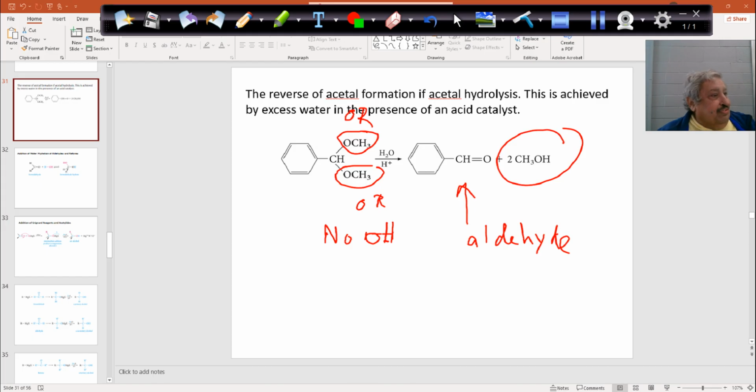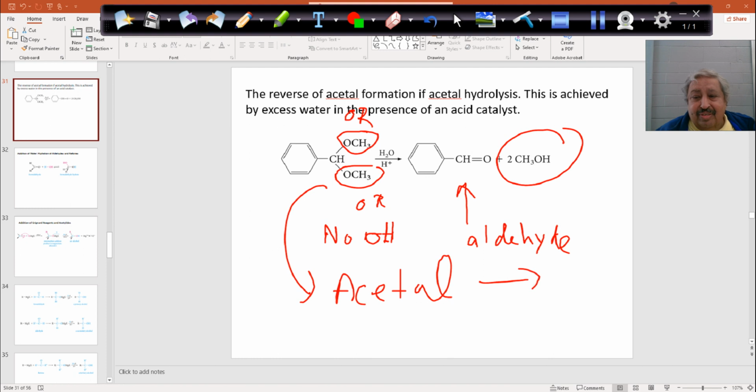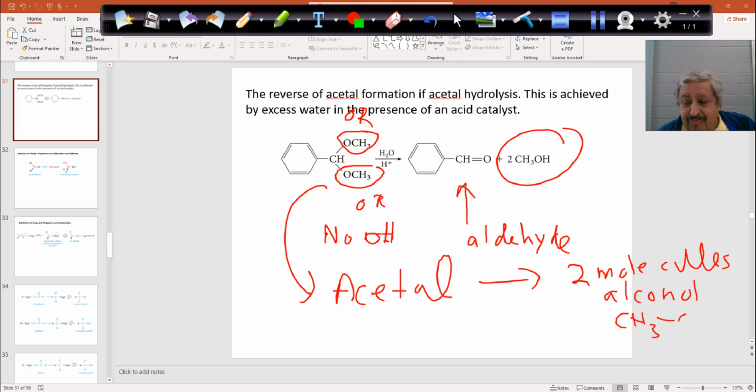That's the reverse, going from the acetal, complete acetal, to its original 2 molecules of alcohol, which is methanol, plus 1 molecule of aldehyde or ketone, depending what you are looking for, of aldehyde, correct?